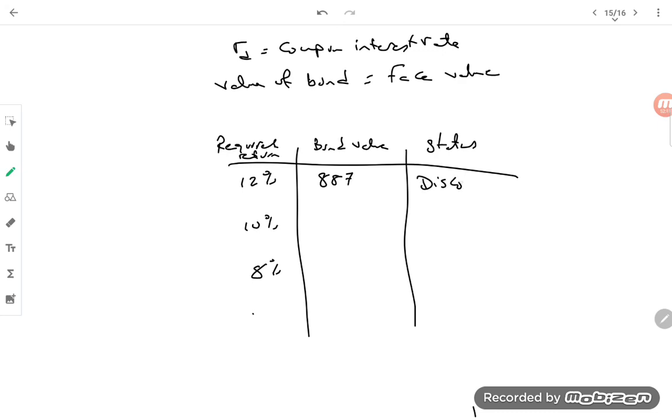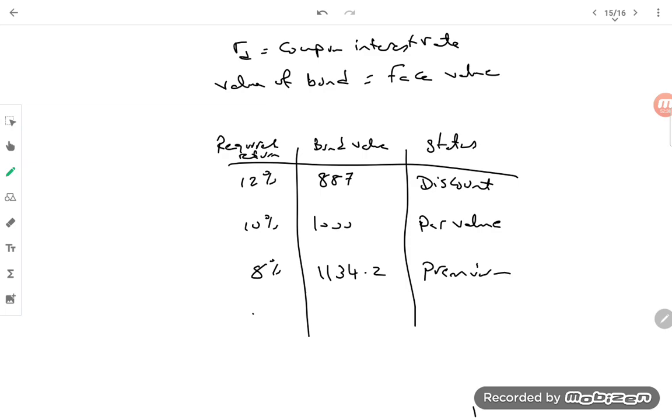So this means that the bond is discounted. If it is 10%, it will be $1,000, so it is the par value. If it's 8%, it will be $1,134. So there is a premium in this case.